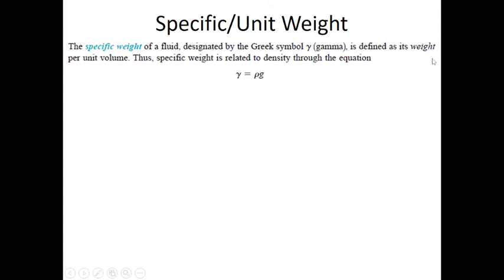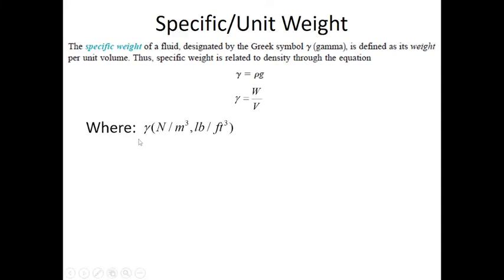So, it is defined as weight over volume, weight per unit volume. Sabihin niyan, ang specific weight gamma, bukod sa rho g, pwede rin siyang W over V, weight over volume ng substance.